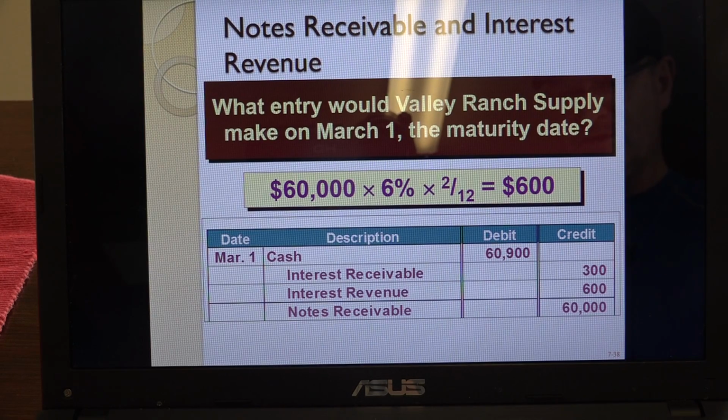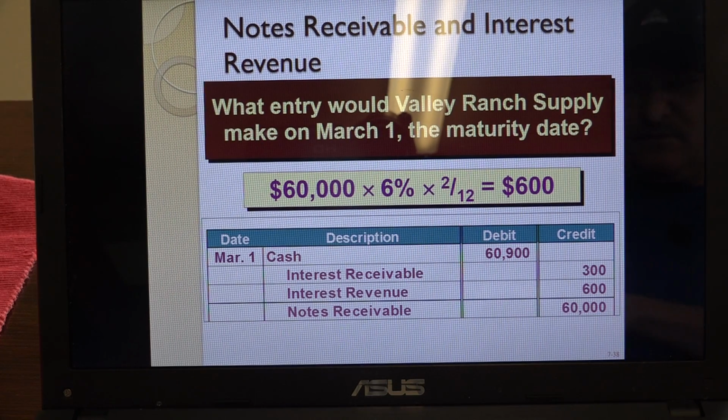So 2 months worth of interest is $600 more. Here you didn't book it as a receivable. You're just going to wait till you get paid, apparently, and book it as interest revenue. And so when this payment's made, you book the additional interest revenue for those 2 months of $600.